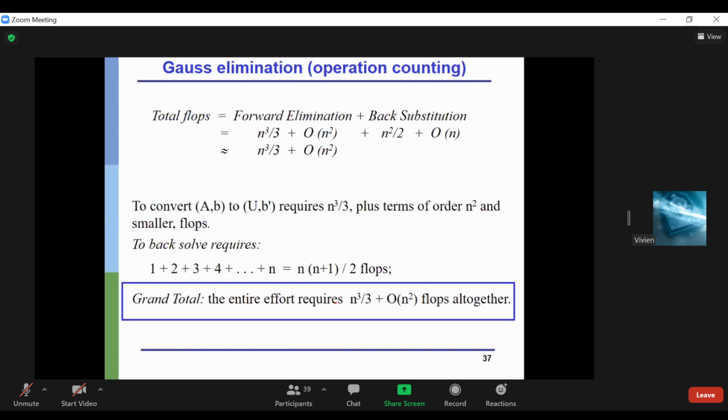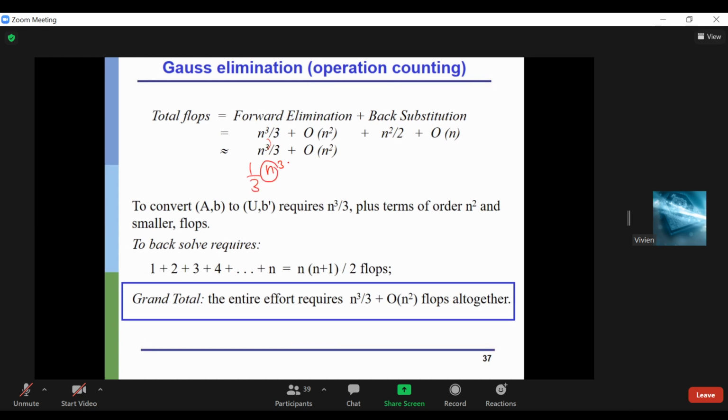So the total flops needed, with the forward elimination stage and the backward substitution stage, will be roughly 1/3 of n to the power of 3, in which n is the number of equations.